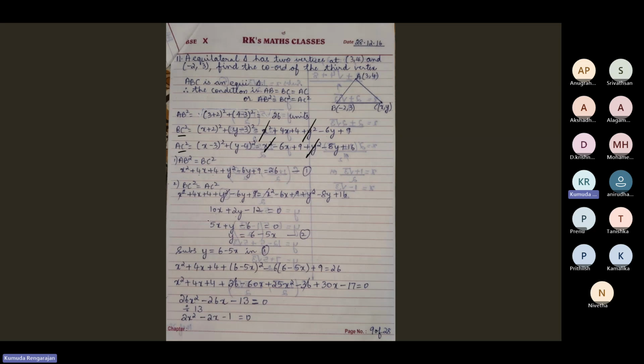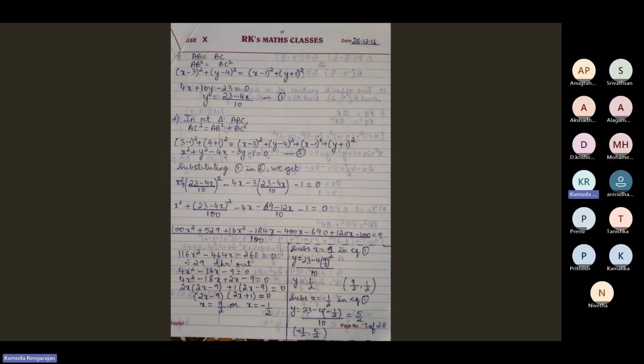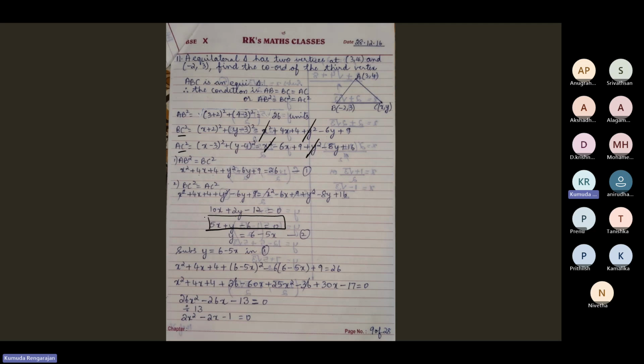So see here, you're able to get a linear equation in X and Y. A linear equation in X and Y is more comfortable than a quadratic equation involving X square, Y square, X and Y, like this one. This is a little more complicated when compared to a linear equation in X and Y.